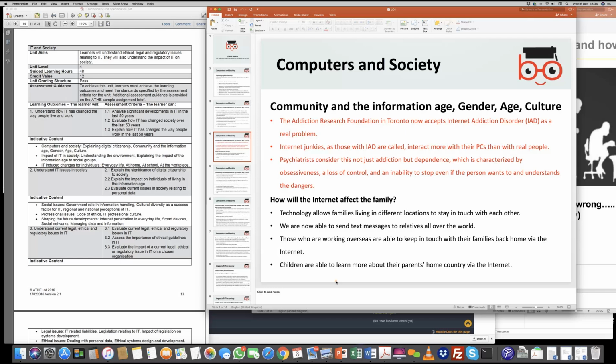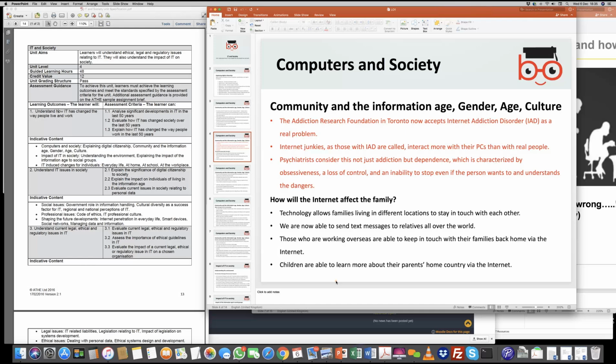And in order to study those negative effects which technology has on people in general, a research institute has been created, called the Addiction Research Foundation in Toronto, Canada, and it studies specifically things related to internet addiction disorder, IAD.